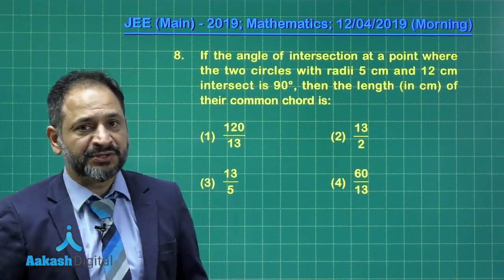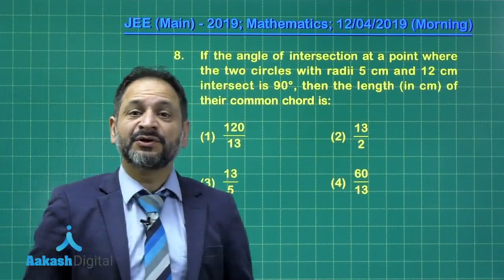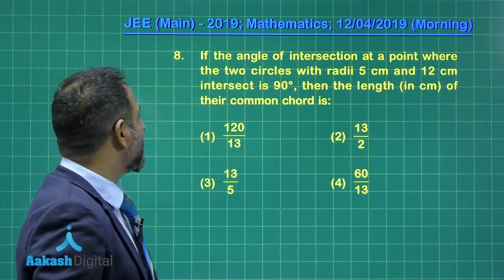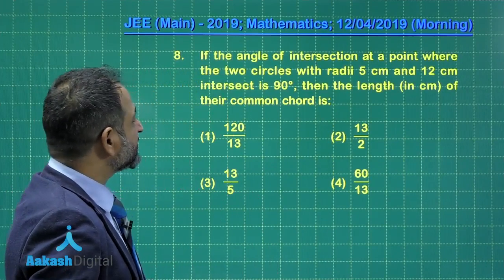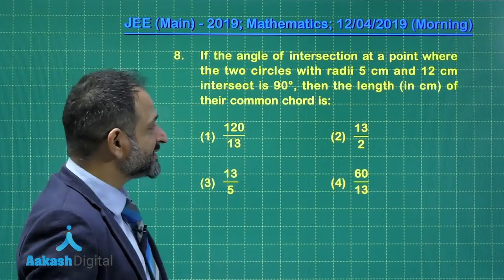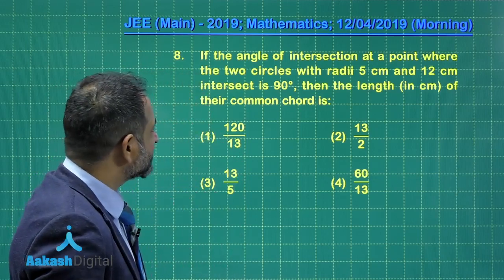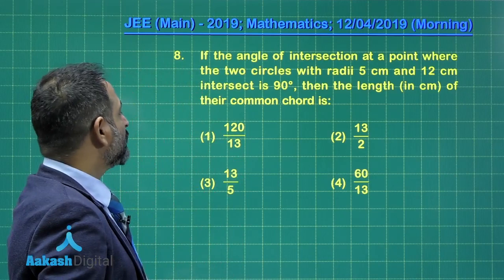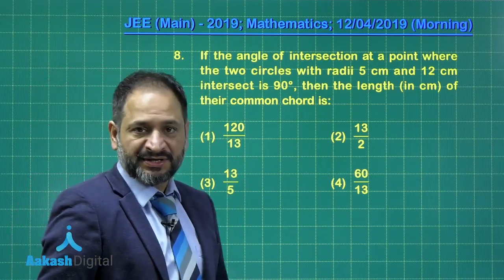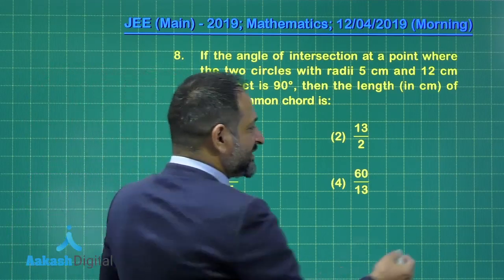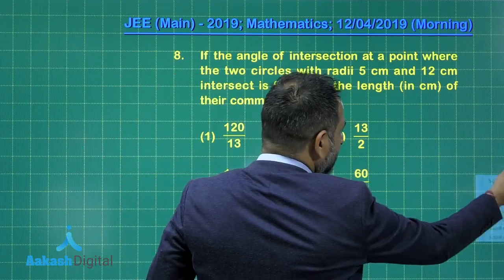Here's the next question, which is related to the intersection of two circles. It says that if the angle of intersection at a point where two circles with radii 5 and 12 centimeters intersect is 90 degrees, then find the length of their common chord. So let us first see how the figure looks.